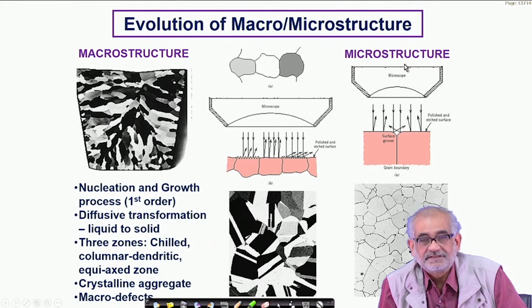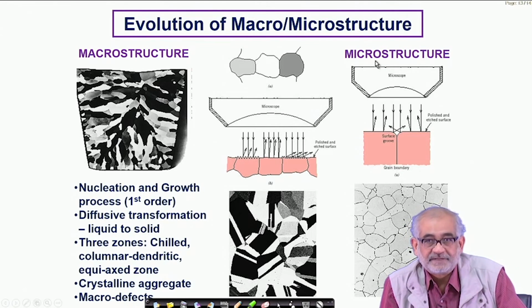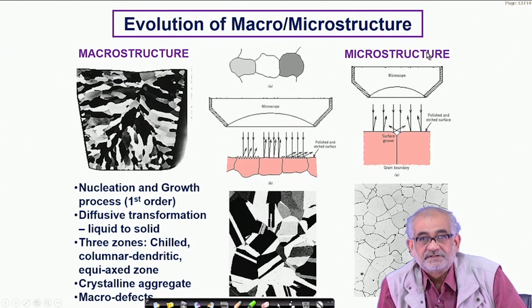For example, yield strength, hardness, elastic modulus, or all these so-called mechanical properties, and even functional properties, for example, conductivity, magnetic permeability. So, all these properties, most of the engineers would tend to believe that they are one and the same for the solid so long as the composition is the same.